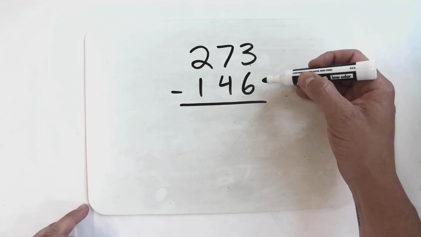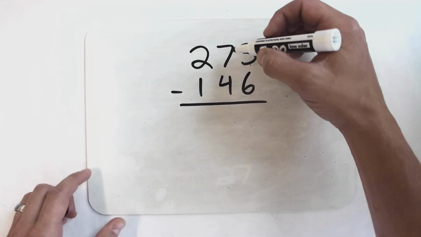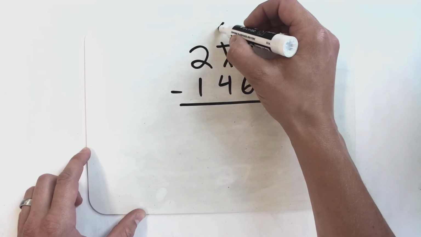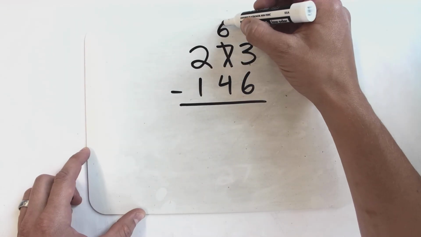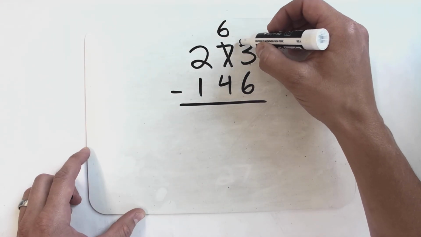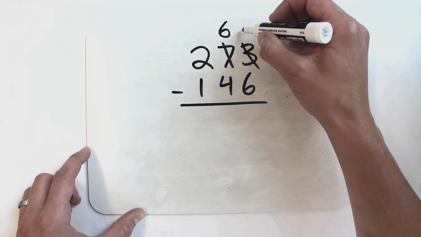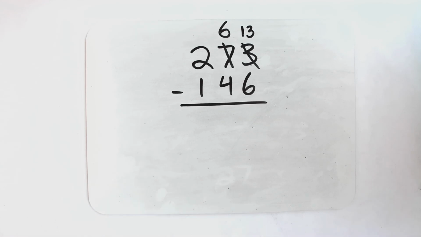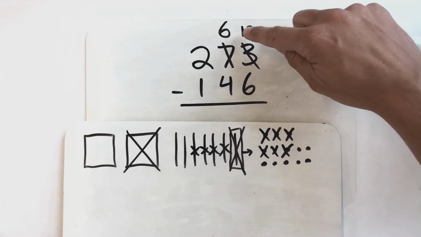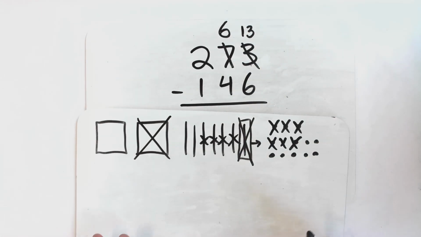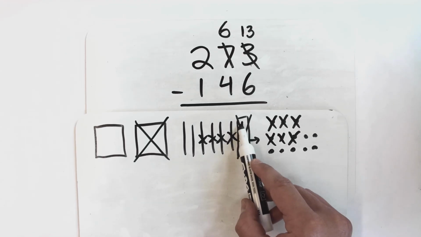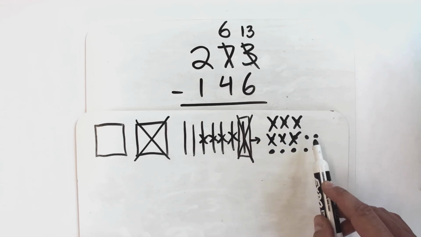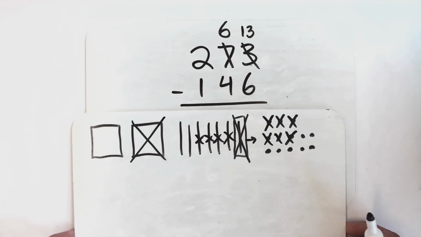But again, we don't have those 6 ones. So with this regrouping, we're going to cross the 7 out. Now we say we only have 6 10s, and we're also going to cross out our 3 ones because now we have 13 ones. This notation up here is the first step where we took that 10, regrouped it into 10 ones. That gave us 13 ones, and that left us with 6 10s.